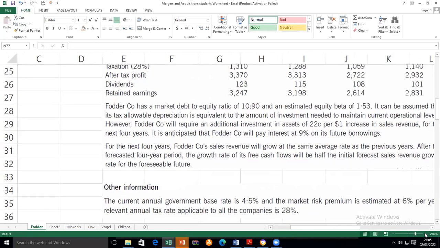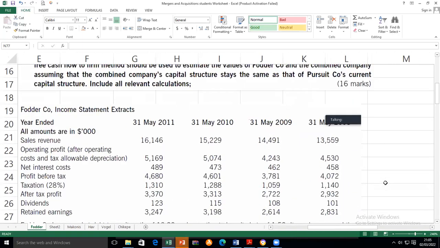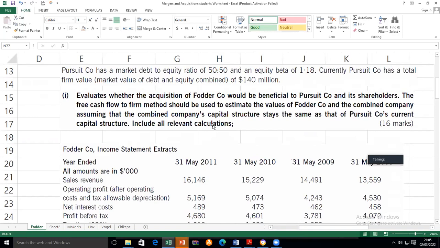So I've cut and pasted this myself in my Excel. We want, first of all, to estimate the market value of Fodder. What do we want to do?